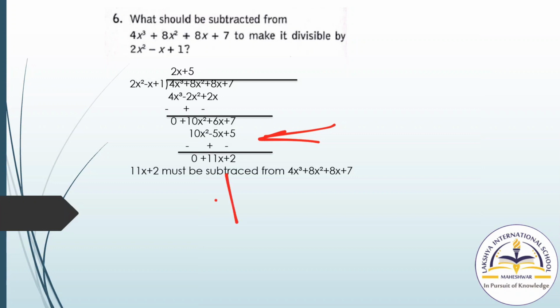Here you can see 11x plus 2. This is the remainder, because we can't solve further, as the highest power is 2x square. Now 11x plus 2 must be subtracted from the dividend, which is the question. So this will be our answer, that is 11x plus 2.